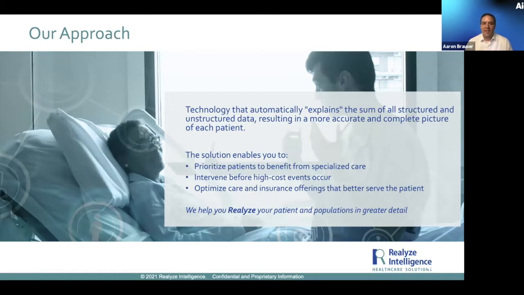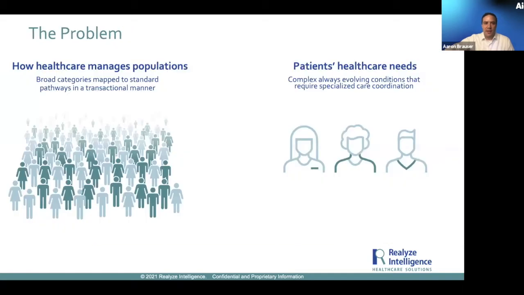We take that and combine it with structured data to get a more accurate view of what's going on with the patient. And this really enables a lot of different things. We can prioritize patients that are going to benefit from very specialized care. We can intervene when we see that these patients are heading towards adverse events or high cost events. And then also, ultimately, we can optimize the patient care for it. In the end, our vision is to create a solution that can realize the patient and the populations in much greater detail.